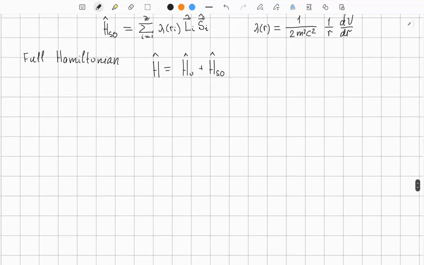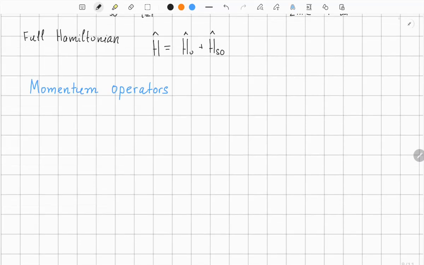Regarding the last Hamiltonian, many interesting conclusions can be drawn by analyzing its commutation with angular momentum operators.